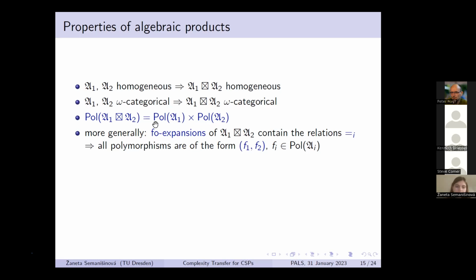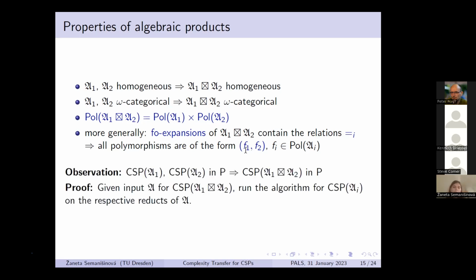And this is not just for the product itself, but also for the first order expansions. We just add some relations, and we don't get any new polymorphisms. All polymorphisms will be of the form where something happens in the first coordinate, something else happens in the second, and these things don't interact together.